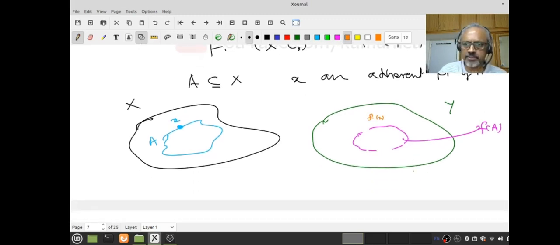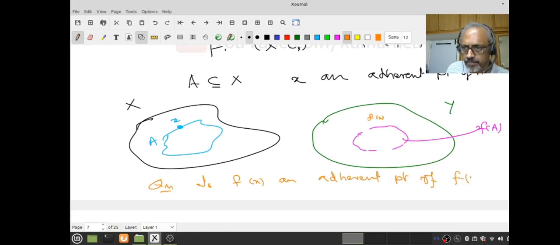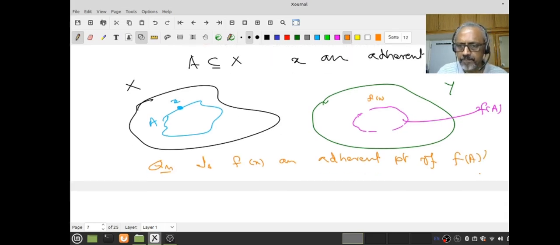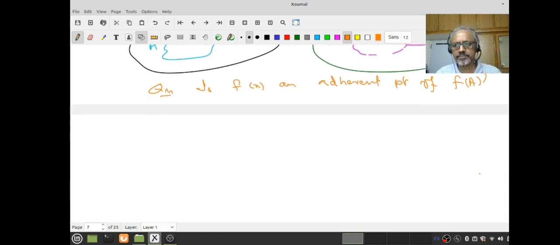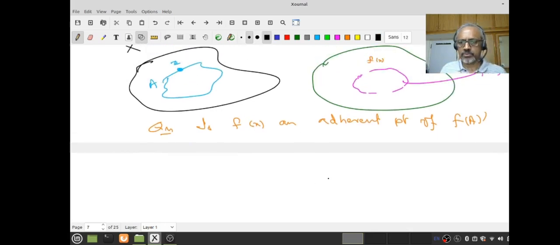So I want to know, what do you think I want to know? The question is: is f(x) an adherent point of f(A)? Okay, let us go through the proof. To show f(x) is an adherent point of f(A), what should I do?